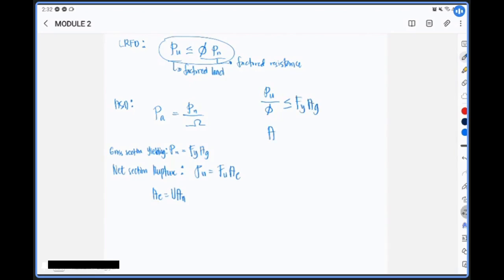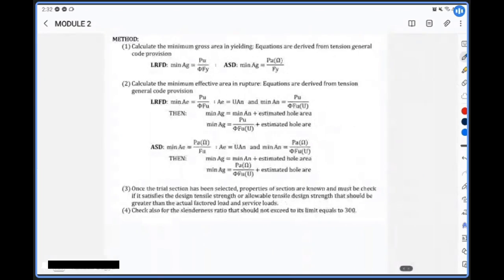So that our gross sectional area should be greater than or equal to P sub U all over phi times Fy, wherein P sub U is our factored load, depending on the load given to us. So the Ag here becomes our minimum Ag, equated to P sub U all over phi Fy.